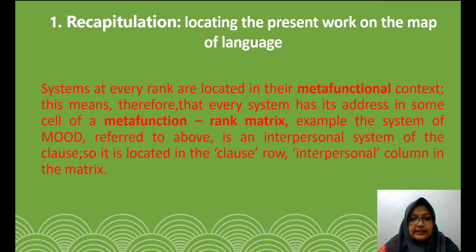Systems at every rank are located in their metafunctional context. This means that every system has its address in some cell of a metafunction or rank matrix. For example, the system of mood referred to above is an interpersonal system of the clause, so it is located in the clause row, interpersonal column in the matrix.